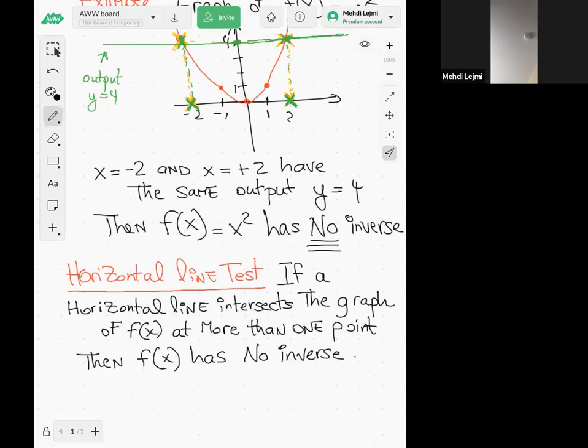Okay. So if you have just a single horizontal line which intersects the graph at more than 1 point, then your function has no inverse.